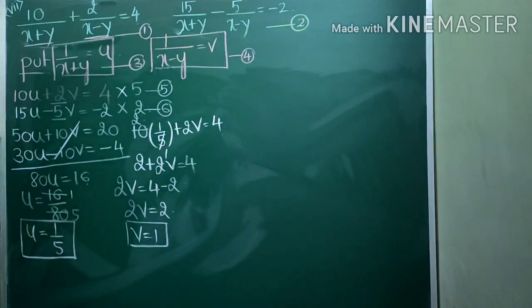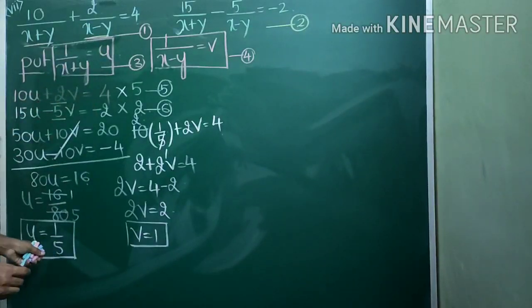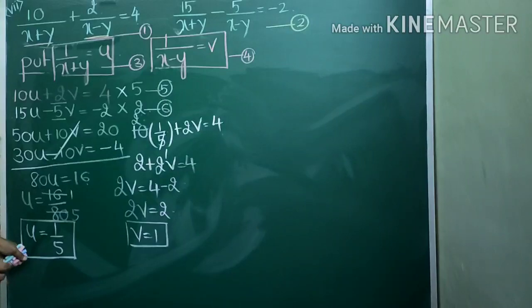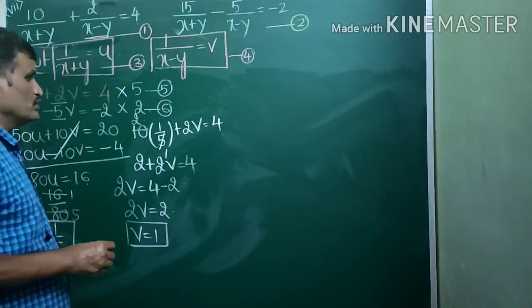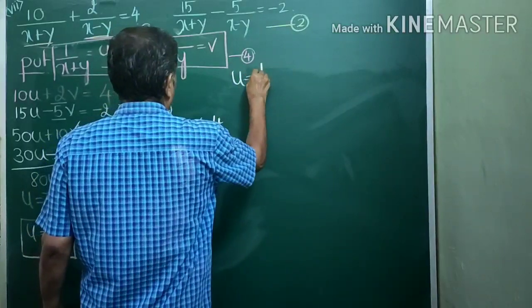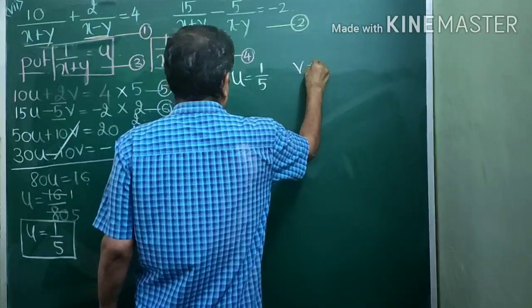Now children, again the same problem. You are asked to find out the values of x and y, and you are stuck up with u and v. Nowhere in the problem you are asked to find the value of u and v. Then again what you need to do is you have to re-put. So u is equal to 1 by 5. v is equal to 1.